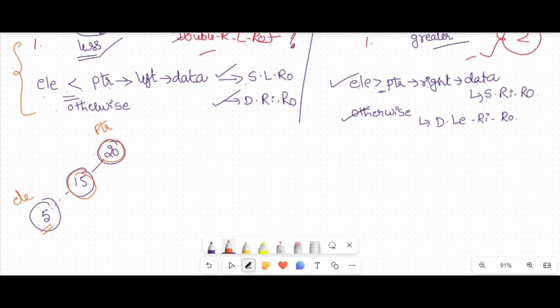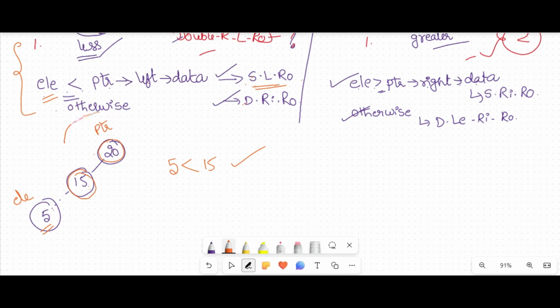Then in these two rotations, which rotation we have to apply? The element, that means 5, less than PTR's left of data, 20's left of data, 15. Yes, it is satisfied. Okay. So 5 is less than 15. If it is satisfied, then we have to apply single left rotation.